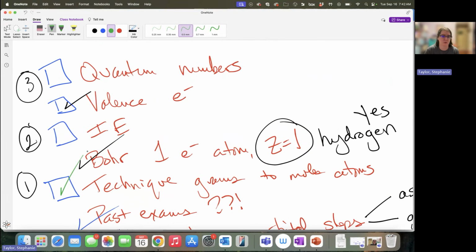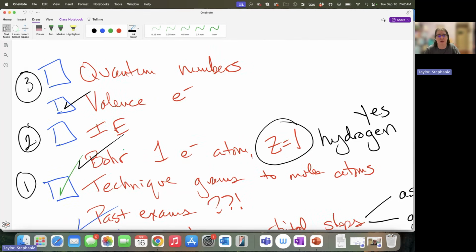Technique. Boom. Ionization energy. Yay. So ionization energy has, I think, 3 parts. It has a definition. It has ionization energy 1, ionization energy 2, ionization energy 3.